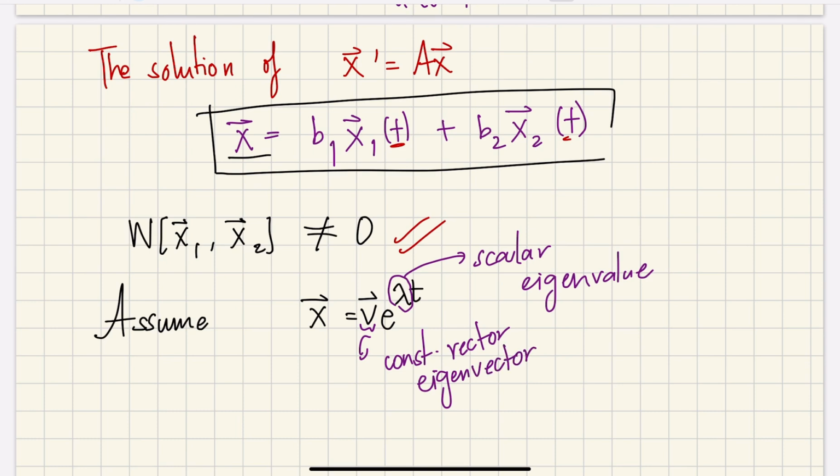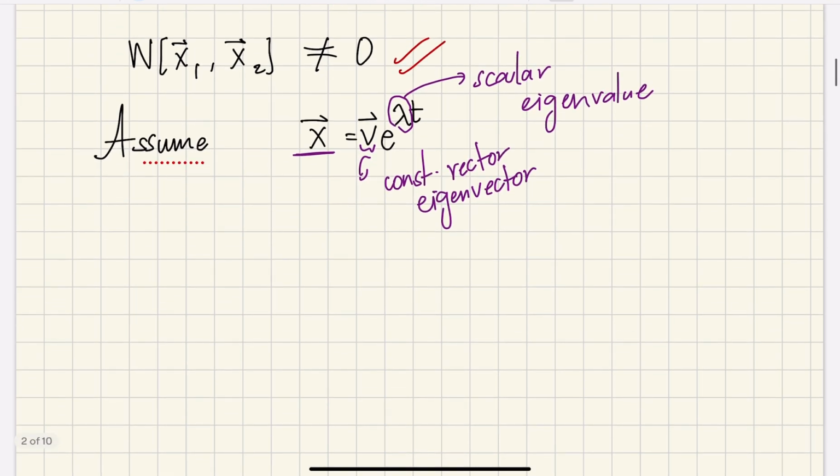So you can prove that these are in fact the eigenvalues and eigenvectors by substituting this form of the solution into this. If you do that, you will actually end up with A minus lambda I v is equal to 0, which we have seen in my last video is how you solve for eigenvalues and eigenvectors.